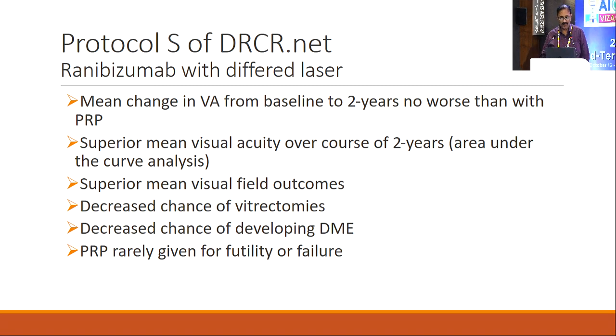If you just treat with primary ranibizumab, the mean change in visual acuity from baseline to 2 years was no worse than with PRP, and the visual acuity area under the curve was superior, with better visual field outcomes, fewer vitrectomies, a decreased chance of developing DME, and PRP was rarely required. So you can treat proliferative diabetic retinopathy primarily with anti-VEGF only, without laser photocoagulation.